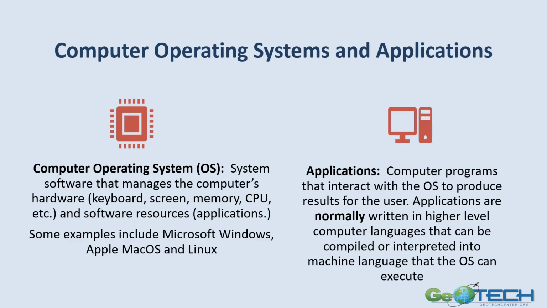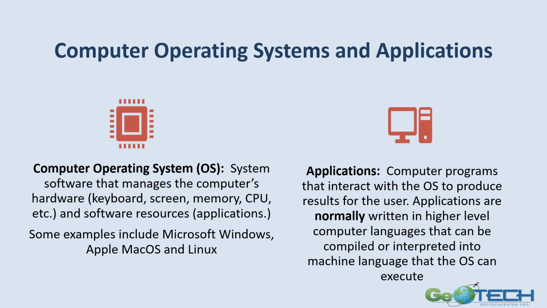So a computer operating system and applications, those are 2 terms that are used quite frequently. The computer operating system is really the software that manages your computer. So it's the one that works with the keyboard, screens, memory, CPUs, and all the applications. Some examples of an operating system are Microsoft Windows, Apple Mac OS, and Linux.